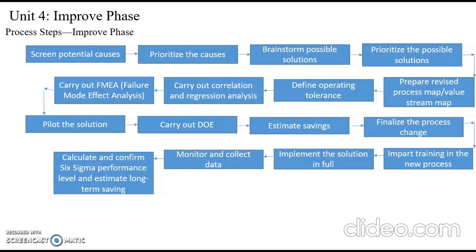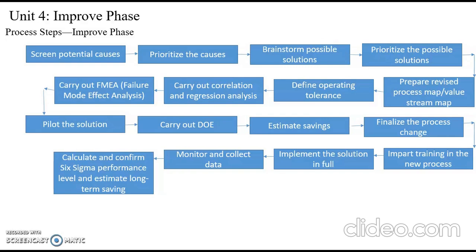Next step is to implement the solution in full. After the training of the employees and vendors, it is necessary to inform the customer about the proposed changes in the process. Full implementation of the process change is carried out only after informing the customer regarding the process change. It is worth sharing some of the salient features of the change with the customers.